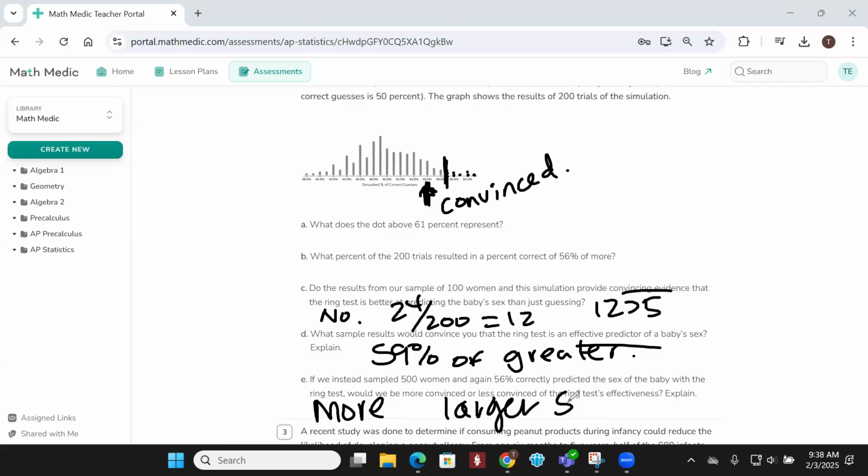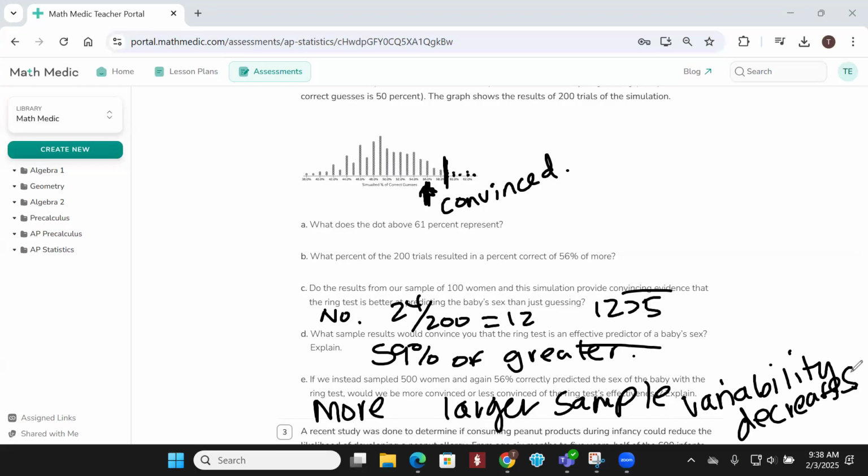Okay, larger sample and variability decreases. So there's not a bigger range. It'll be more true to the true proportion that are correct guesses. Are we okay? Little bit better.